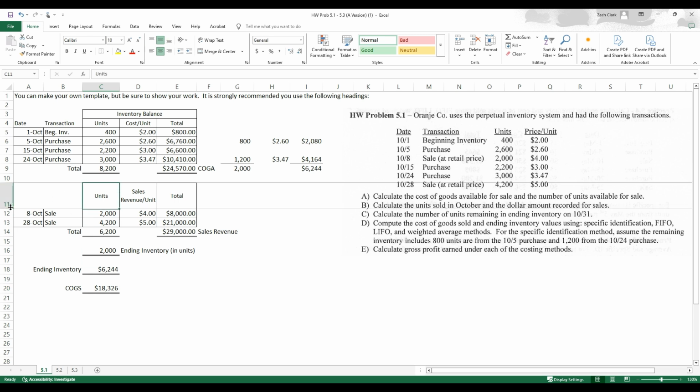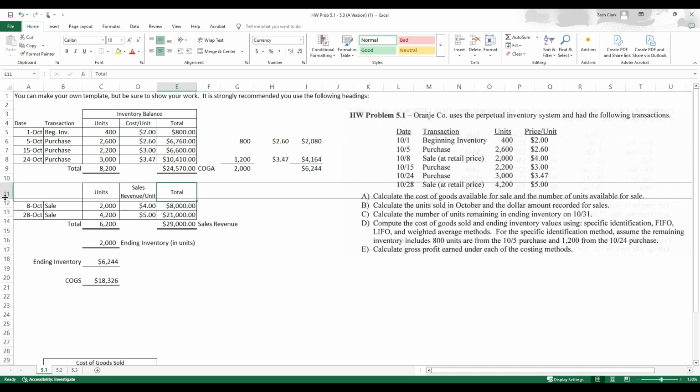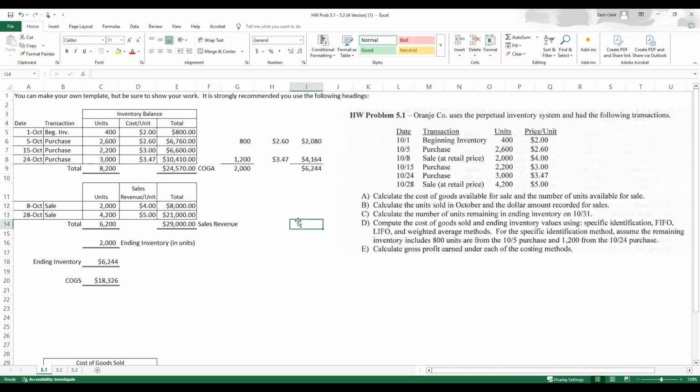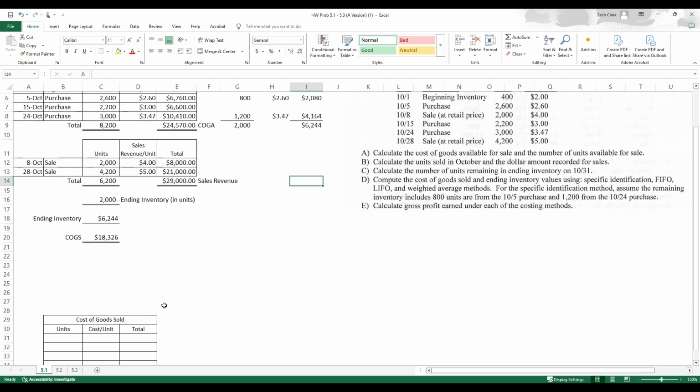And yeah, let's see. I'm going to make that a little smaller so we're not taking up so much space with our work here. Just trying to make this a little more efficient. Okay. Great. So that's our specific identification method.